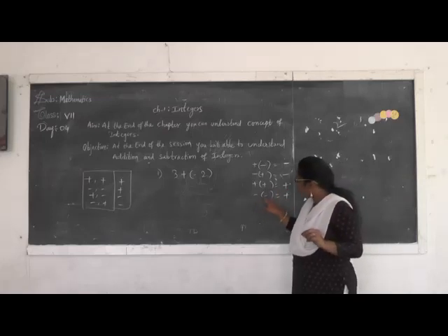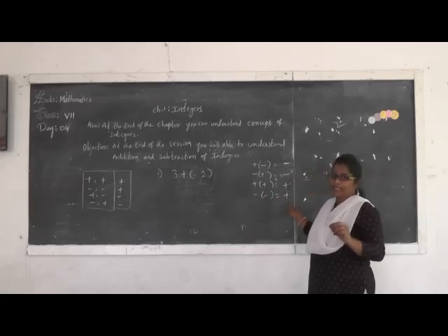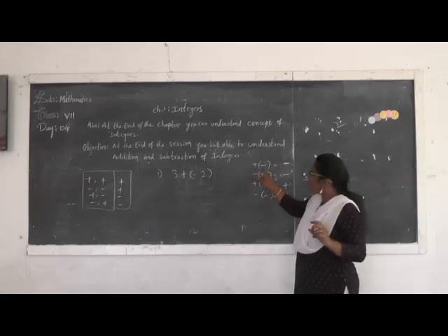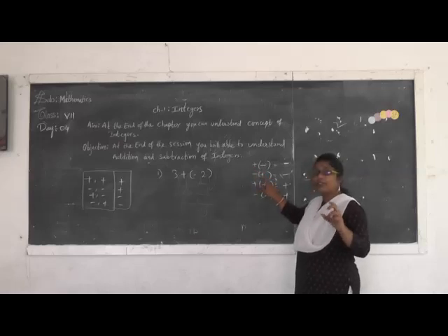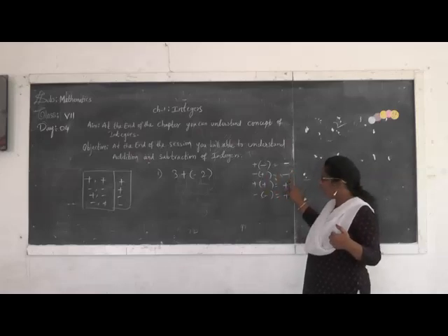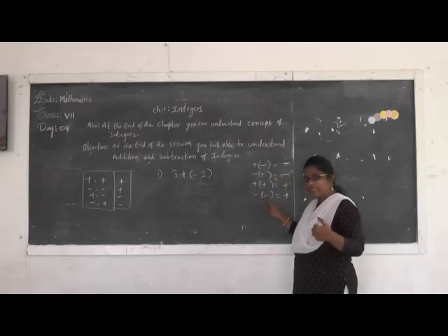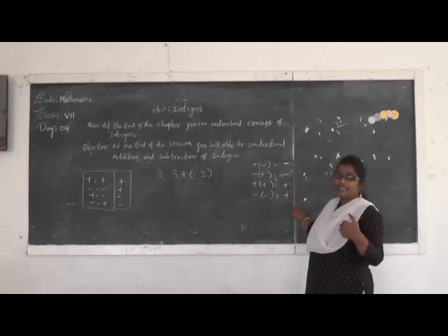If both are negative, when we remove the brackets, we also have to keep it as plus. Understand? If both symbols are different, whenever we solve by removing the brackets, we have to keep it as minus. If both symbols are plus or both symbols are minus, then we have to write it as plus.